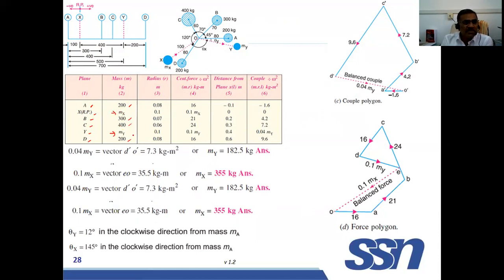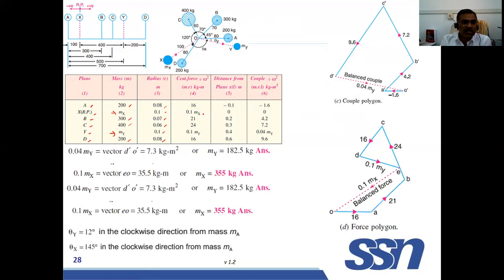MA, MB, MC, MD are unbalanced masses. And all the radii are given. You enter these, then multiply column 2 and 3, that is M into R. If you multiply this, you will get centrifugal force divided by omega square.